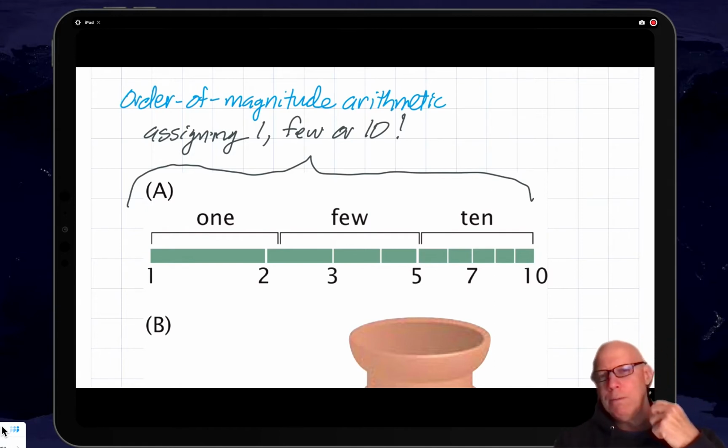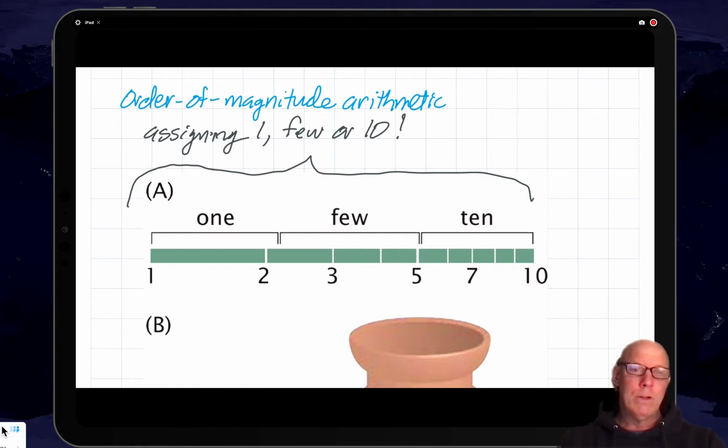So, 1 is anything between 1 and maybe 2. Few might be a tiny bit above 2, all the way up to maybe, let's say, 6 or something like that. That's what we're going to call few. And then anything between, say, 7 and 10 we'll refer to as 10. The thought is that the errors one incurs by using this formulation end up canceling each other.